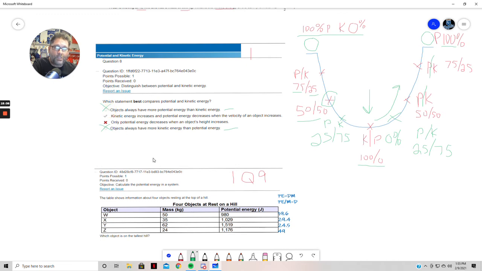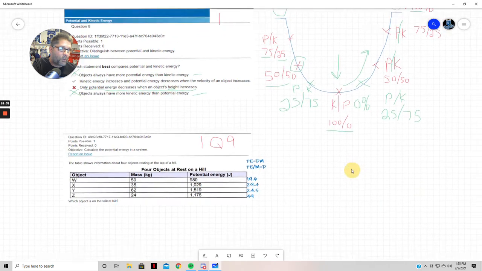Okay, so let's think about what you did choose. Potential energy decreases when an object's height increases. And by height we mean distance from the ground. So if I take an object, and let's just close this, give me a little more room over here, and then we'll get our pen back and let's draw two hills.